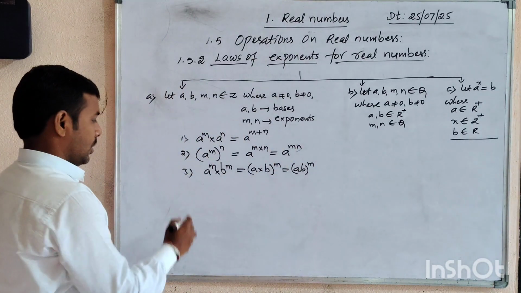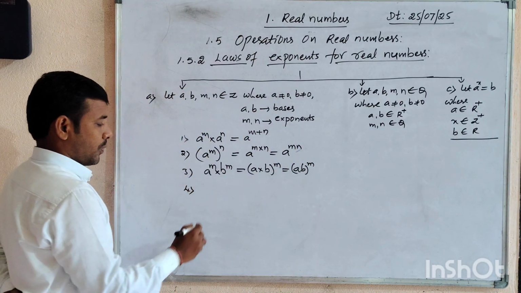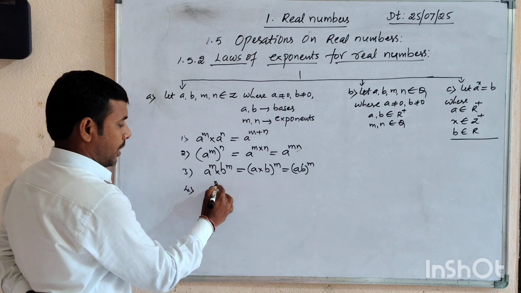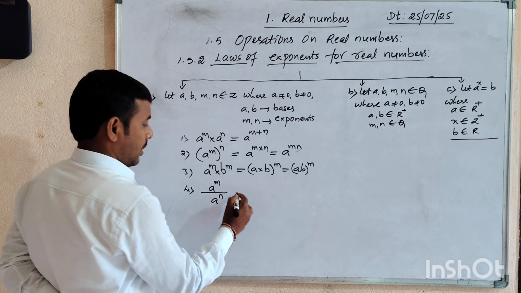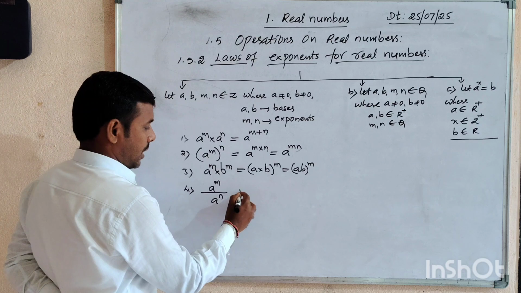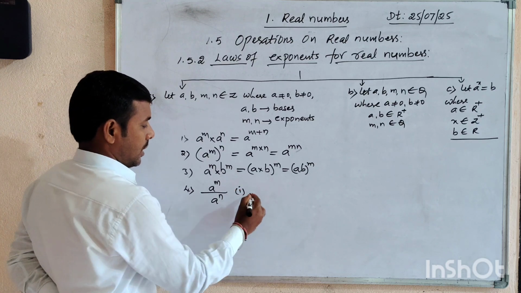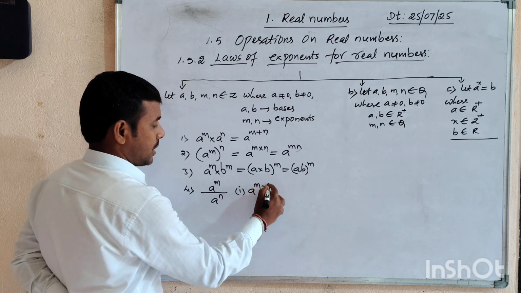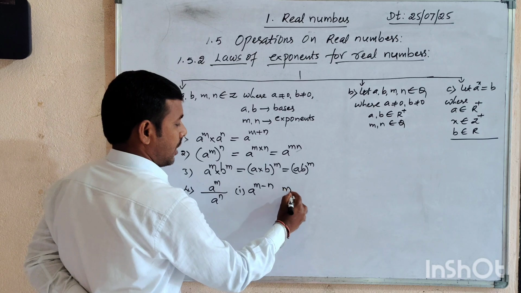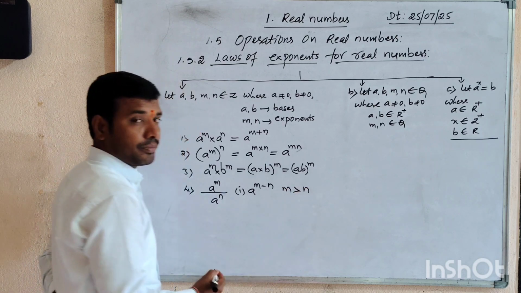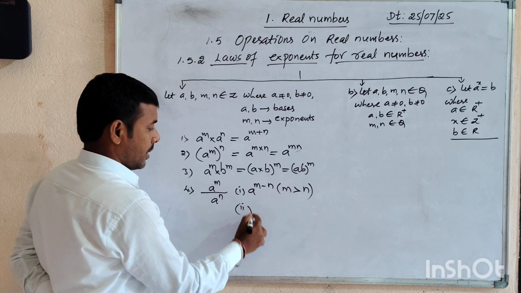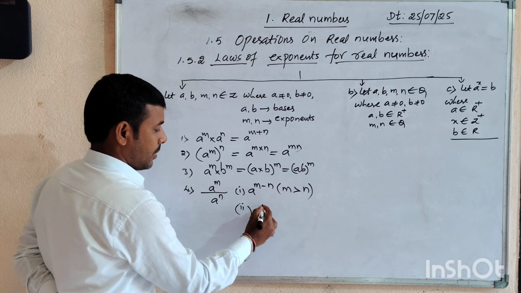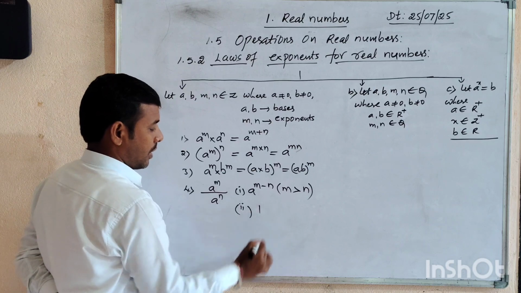Third. Fourth one I want to keep in front of you, that a to the power of m by a to the power of n. Here, condition-wise we have to answer a to the power of m minus n where m is greater than n. I think understood. Second thing, a to the power of, right, let us take 1.